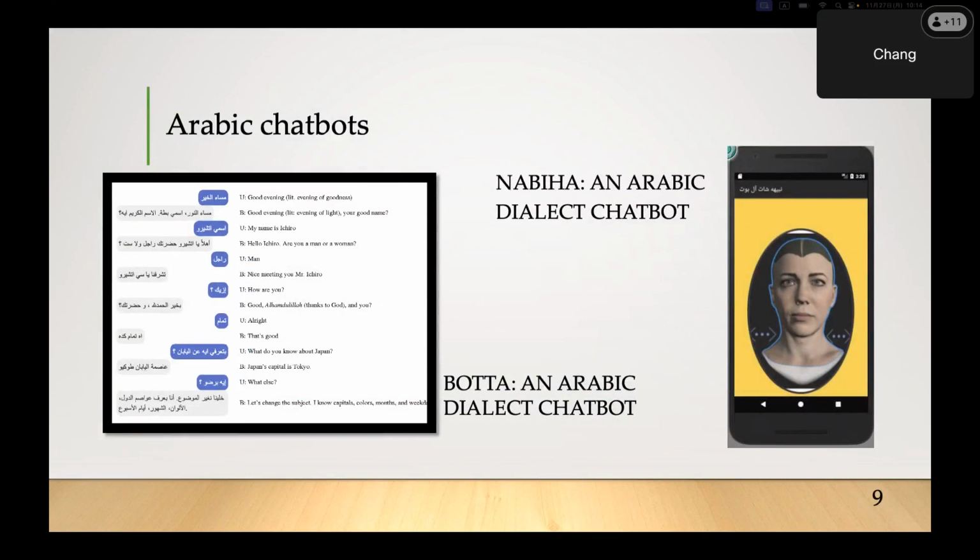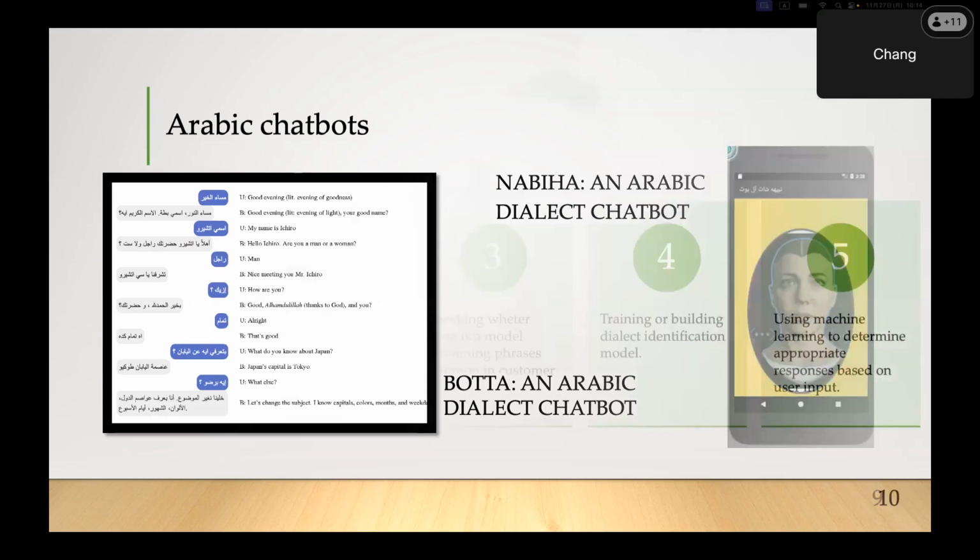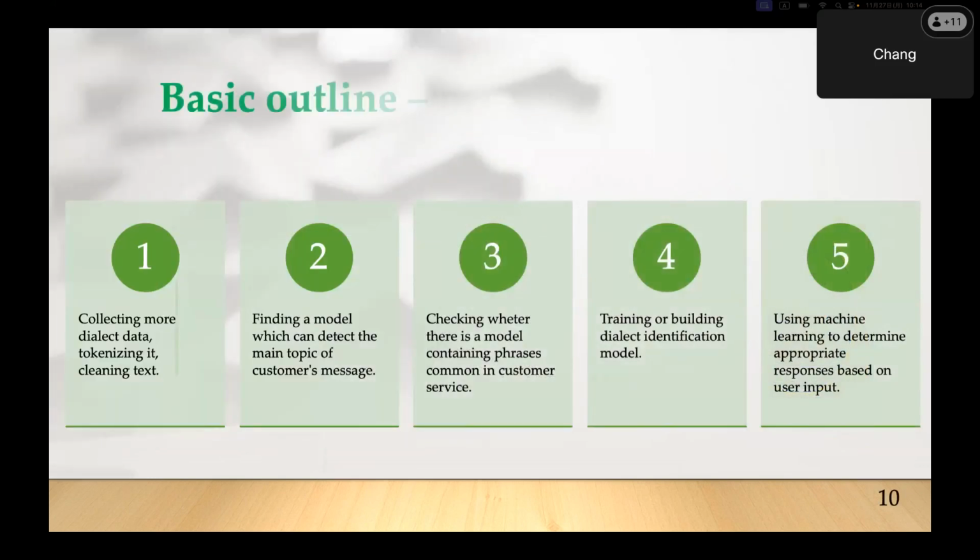Some years after that, Nabia, an Arabic dialect chatbot, was developed. To my knowledge, there is no chatbot understanding any of the Japanese dialects. I therefore believe that my research will at least partially fill this gap.